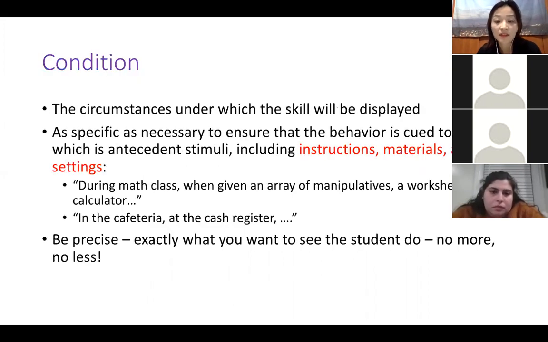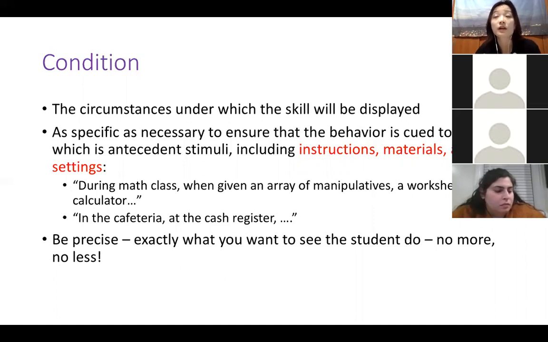Okay, next one is condition. Condition is easy. You are going to just describe where the behavior will happen, or with what condition, what situation the behavior happens. It can be the teacher's instruction, like when the teacher says blah, blah, blah, that can be a condition. Or written instruction, when the paper says blah, blah, blah. With this situation, students should be able to perform that behavior.